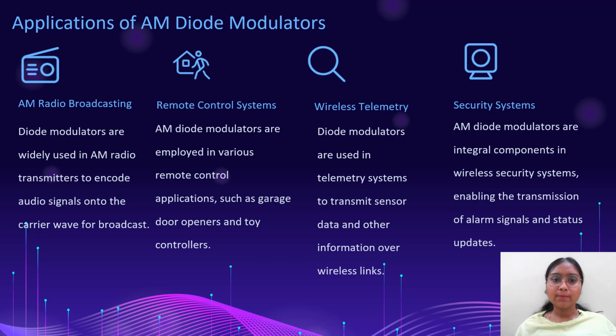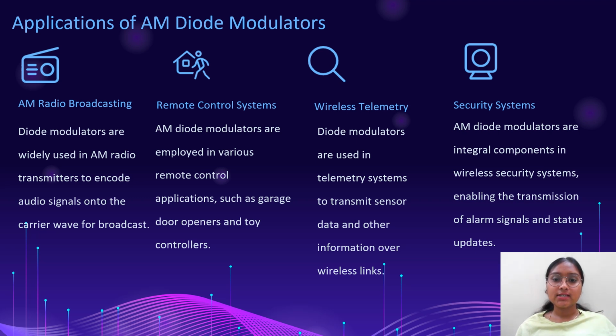Applications of AM diode modulators. First one, AM radio broadcasting. Diode modulators are widely used in AM radio transmitters to encode audio signals onto the carrier wave for broadcast. Second one, remote control systems. AM diode modulators are employed in various remote control applications such as garage door openers and toy controllers.